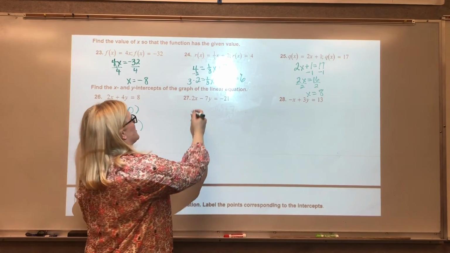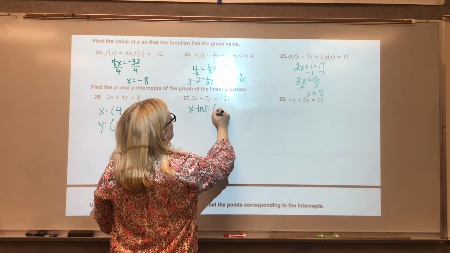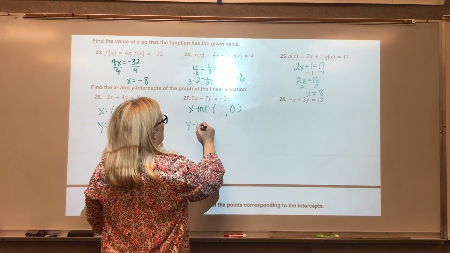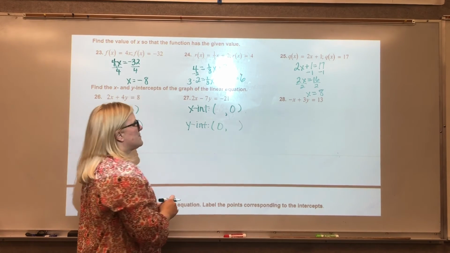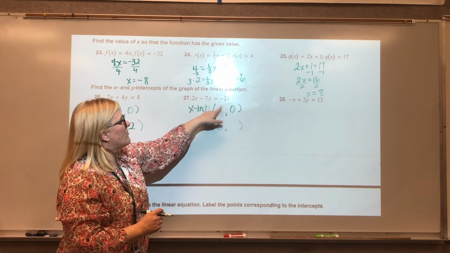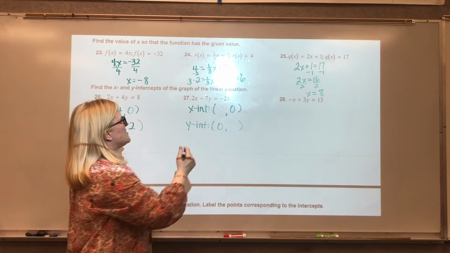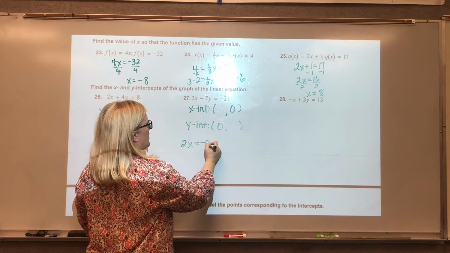Well, I'll do that in more detail in a minute. My x-intercept, again, means I'm going to have a 0 at y, and my y-intercept, I'm going to have a 0 at x. So if I plug in 0 for y right here, and I cover that up, then I end up with 2x equals negative 21.